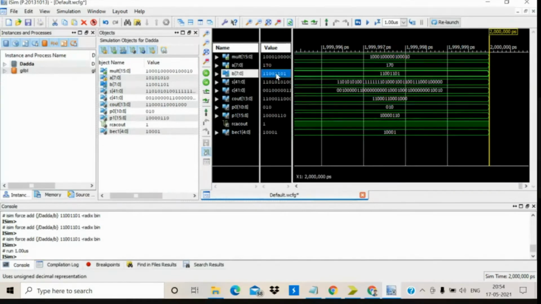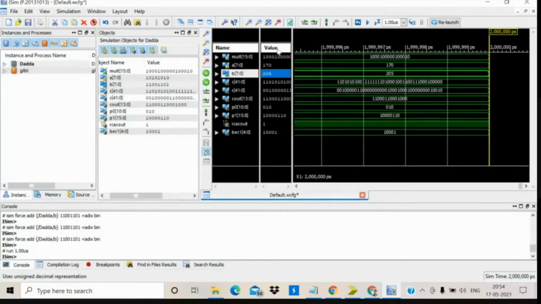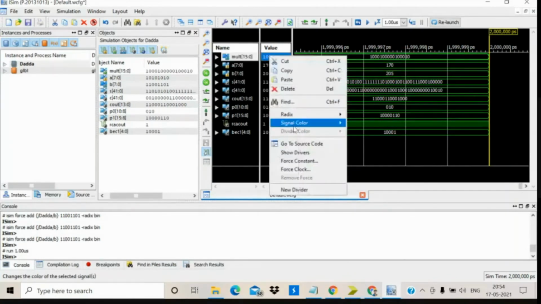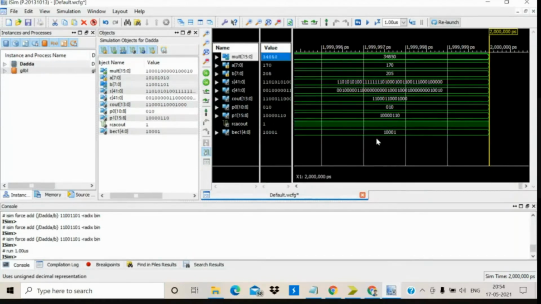A is 170, and for B, that is 205, what we represented in binary previously. Let us look into the output, guys. That is unsigned decimal 34850. The multiplication of 170 and 205 is 34850. So we have successfully got the output, guys.